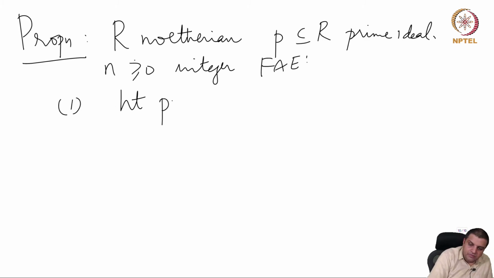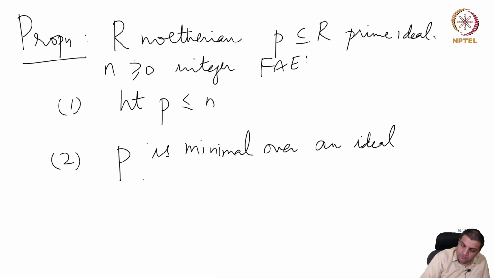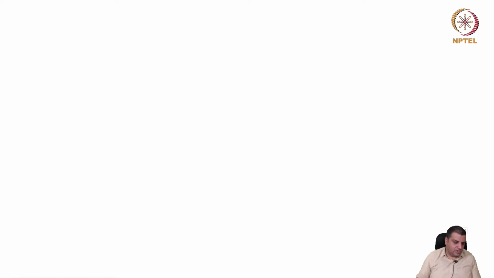The height of P is less than or equal to n, and 2. P is minimal over an ideal generated by n elements. What is called the principal ideal theorem is just when n equals 1. We need this version to be used. So, proof.